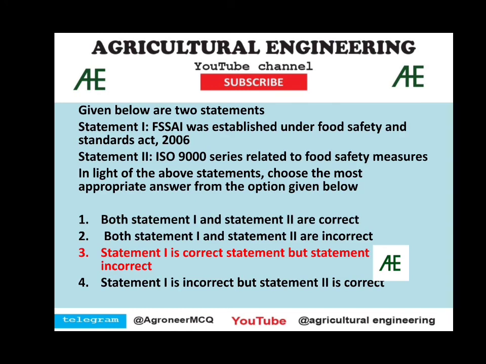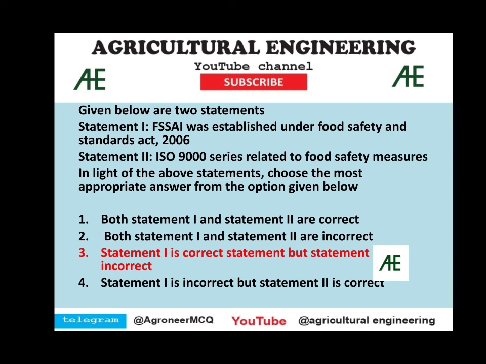So there are two statements. FSSAI was established under Food Safety and Standard Act 2006. ISO 9000 series related to food safety measures. So here they are giving two statements in question related to FSSAI and HACCP.